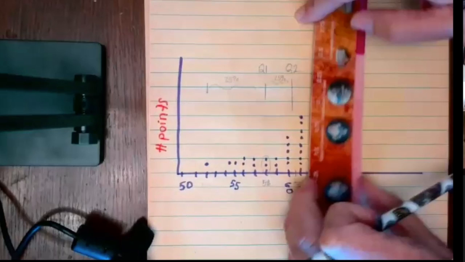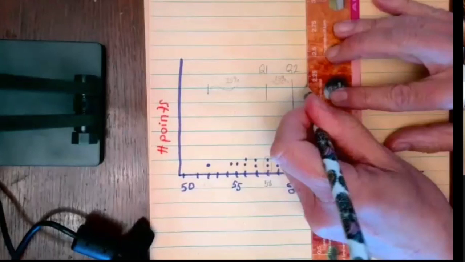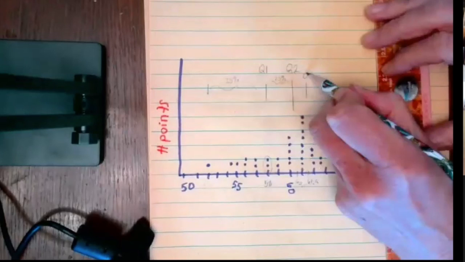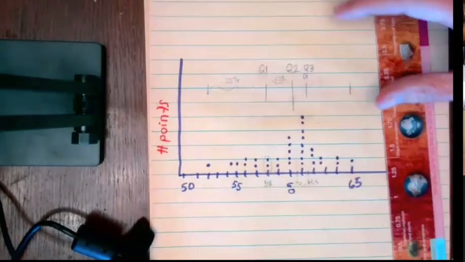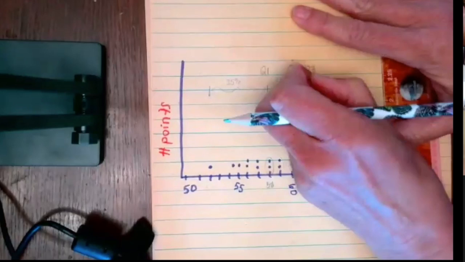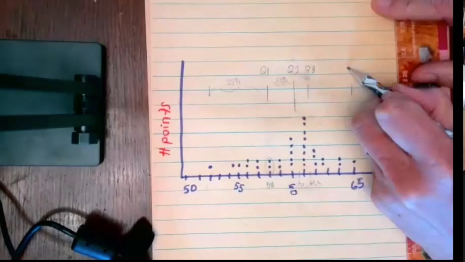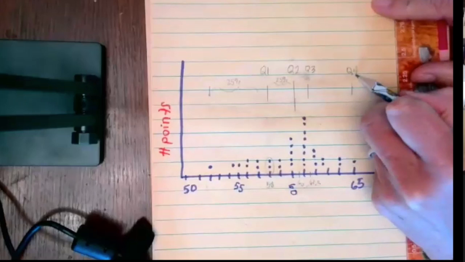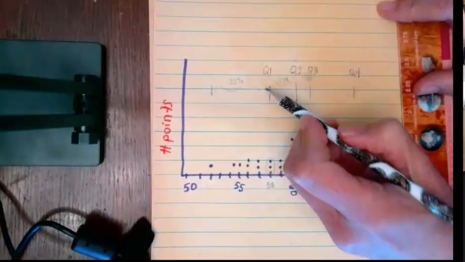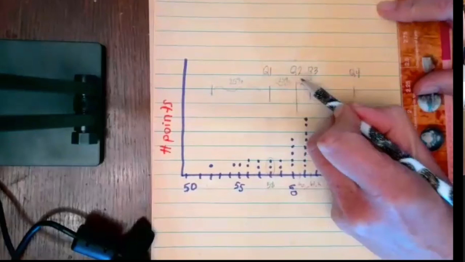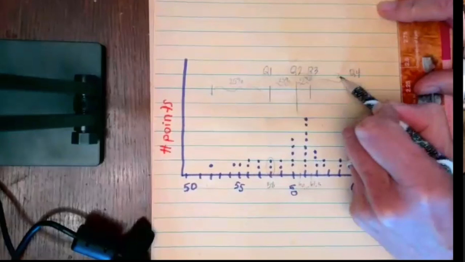So I'm going to put 61.5 down on the bottom, and then I'm going to put a line up at the top here and call that Q3. And then our upper range limit, 65, is actually Q4. So now we've split our data into 4 quartiles. So we have 25, 50, we have another 25% here, and we have another 25% here.